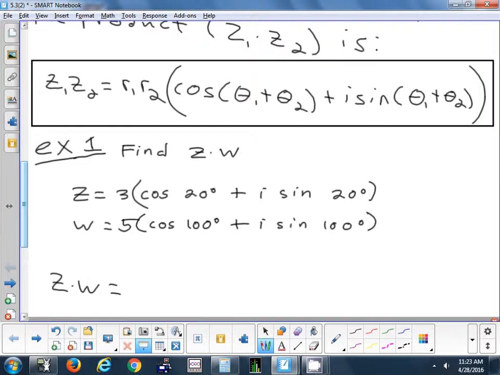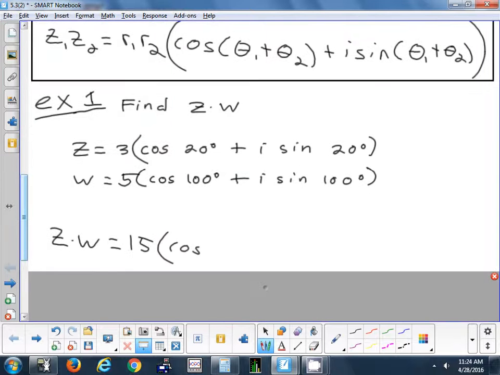So if we want to multiply these together, first step is to multiply my 2 radii. What would I get when I multiply my 2 radii here? Yep, you're going to get 15. 3 times 5, 15. And the last step, look at what your 2 angles are and add them up. 120. And that's it.